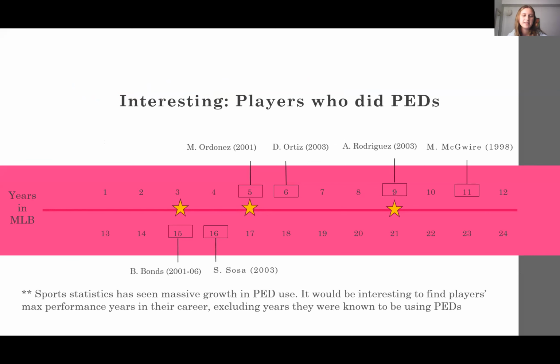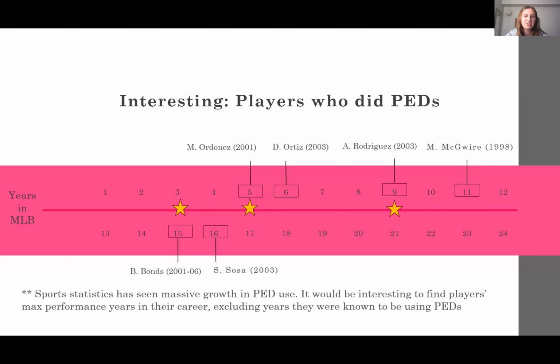For example, Barry Bonds was using the drugs from 2001 to 2006, but I only listed that he started in 2001. And looking at these stars that I have on the timeline, these are 3 players who had their maximum number of either home runs or slugging percentage in the year that they were taking performance enhancing drugs.